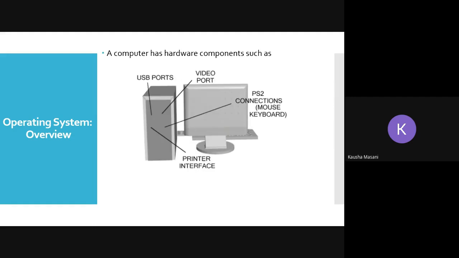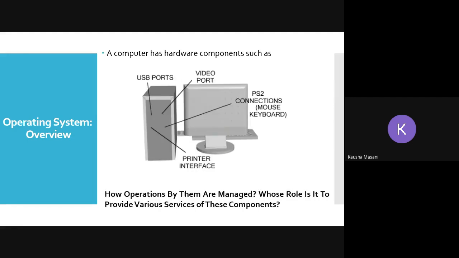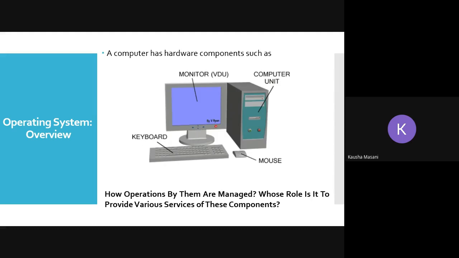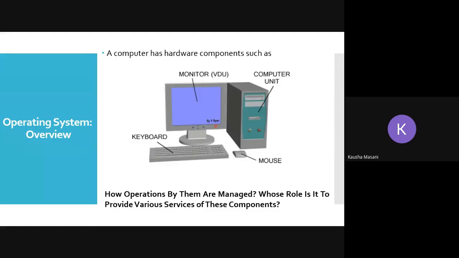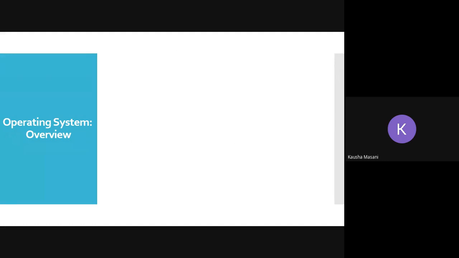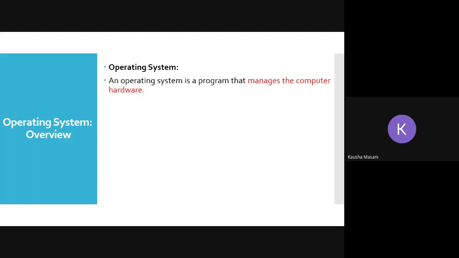So a computer has hardware components like these. But the real question here is, who is responsible for providing the services of these components? You do have components, but who is going to provide you the services, or how are the operations managed between these? Your answer here is your OS, your operating system. What exactly does your operating system do? It manages your computer hardware.